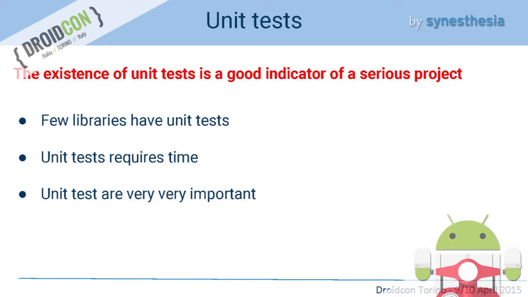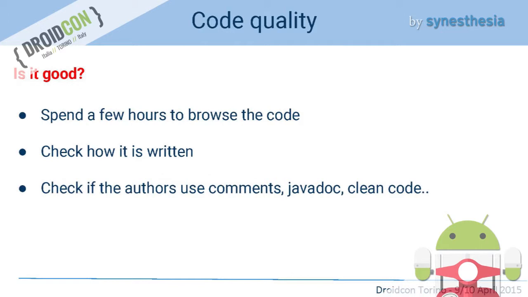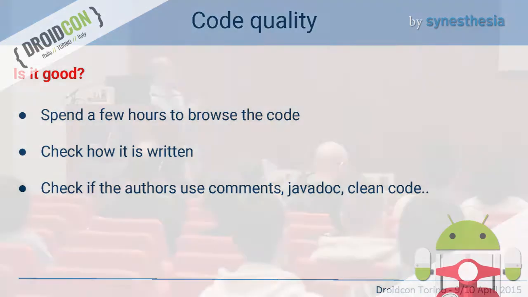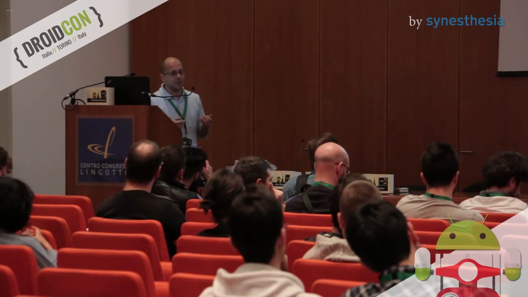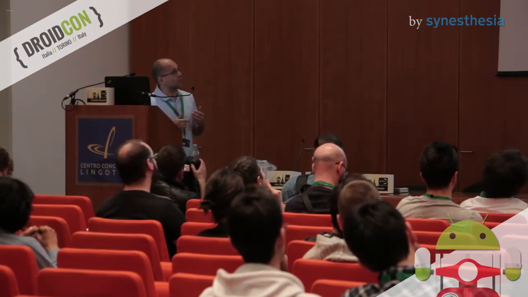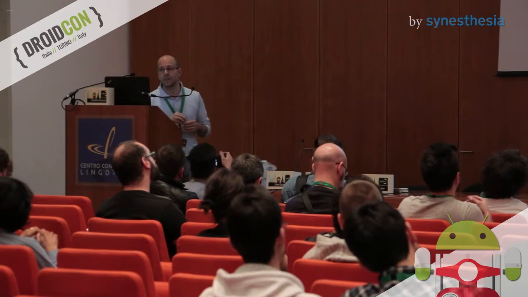Finally, check the quality of the code. It is not simple to check the code written by other developers, but I suggest you spend a few hours to browse the code, to check how the code is written, because if you have to change something inside the libraries, if you have to add some feature, you should be able to change the code and you should be able to understand what the library is doing in this point of the code.